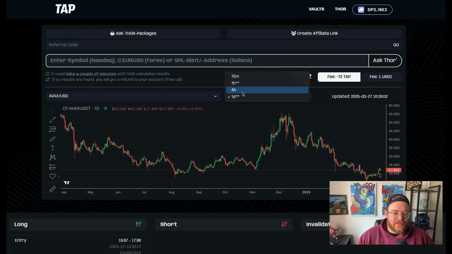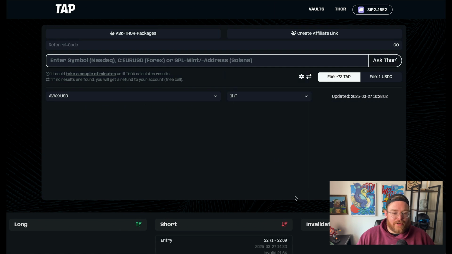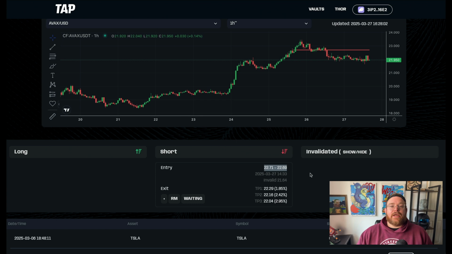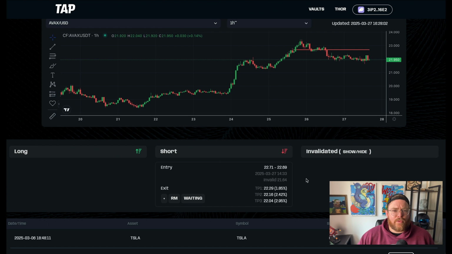Let's see what else is on the table. Nothing on the 4-hour and on the 1 hour we have, once again, what I just said, and I hadn't even looked at it. It's a new signal today, but we knew that that range was going to be resistance. My thesis on AVAX right now, personally, is not Thor. It's that it probably hasn't performed or had, I think, the adoption or support from this cycle that it likely is expected to.